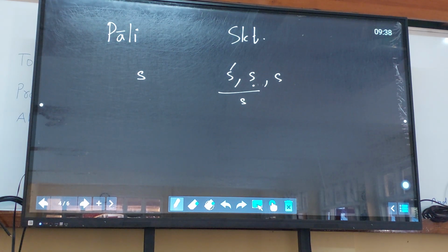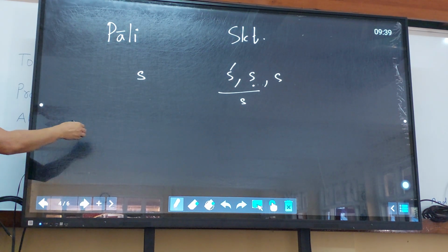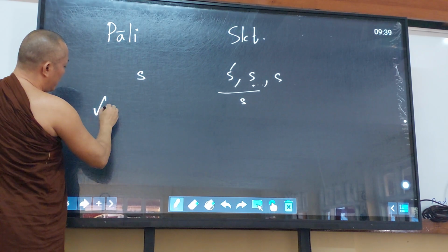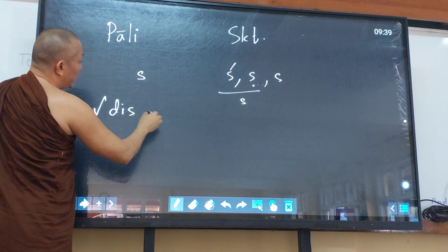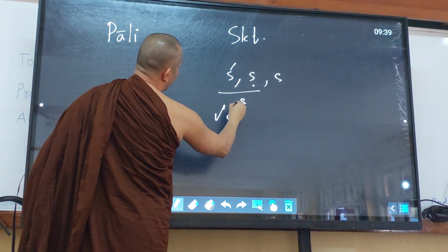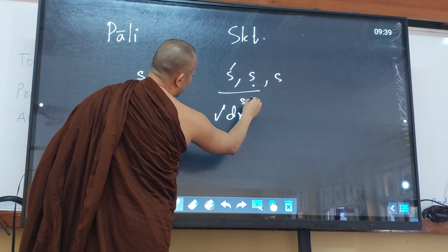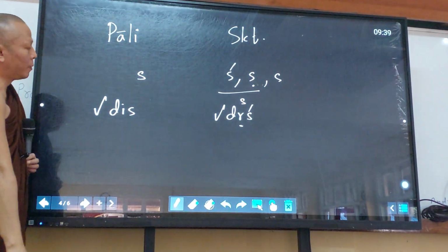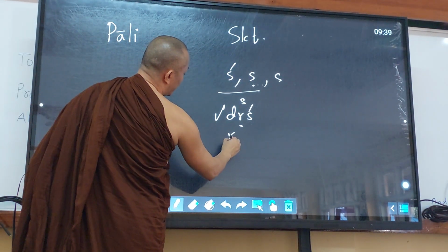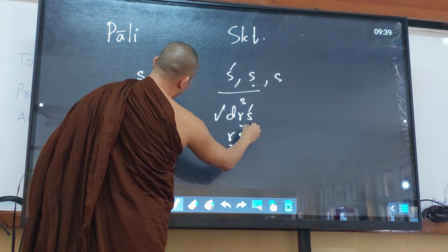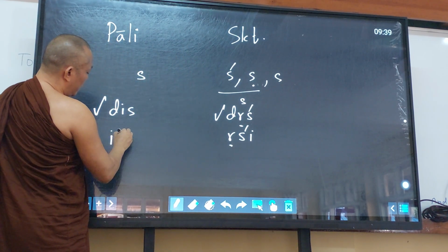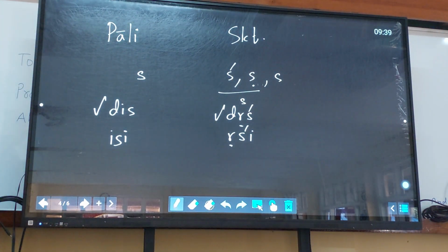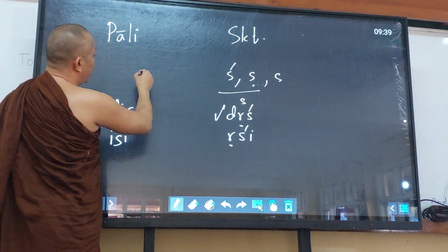So because of that, one example also we already, like the root D's, but here root, so, Drish. And then here, so Rishi, but in Pali, Isi. So in this way. And then, so too, that sharp, so with the dot also appear as the up.